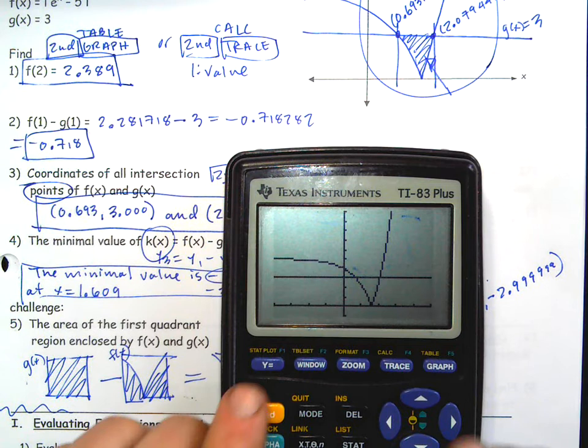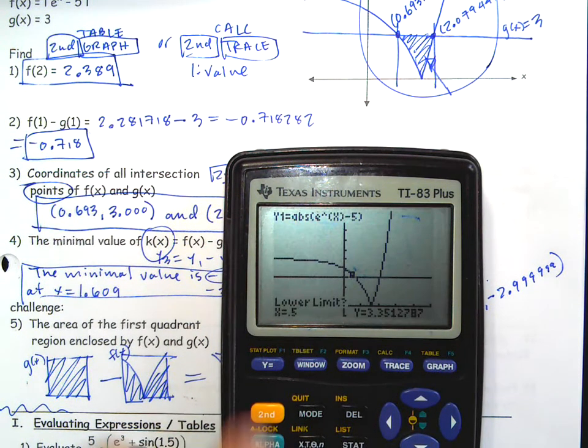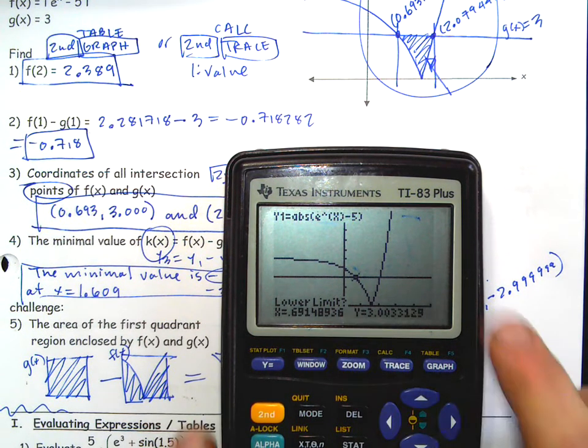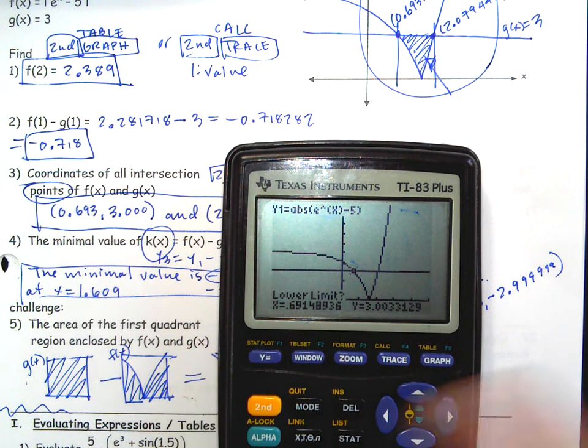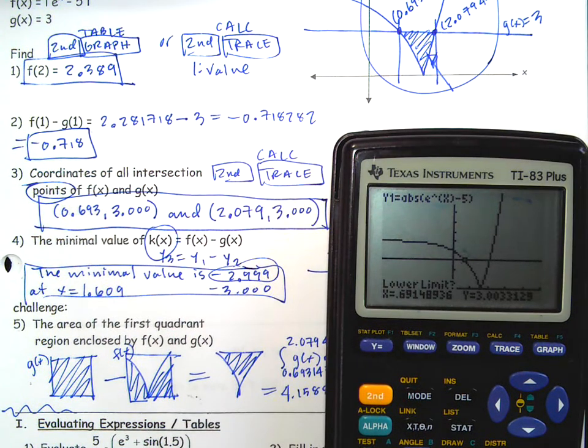So we can do second calculate, number 7. Now I want to do the absolute value graph, and don't use the cursor to select your lower and upper limits. These need to be perfect. You can move the cursor for left bounds, right bounds, and guesses for other kinds of calculations, but limits need to be perfect. So we need to type it in.